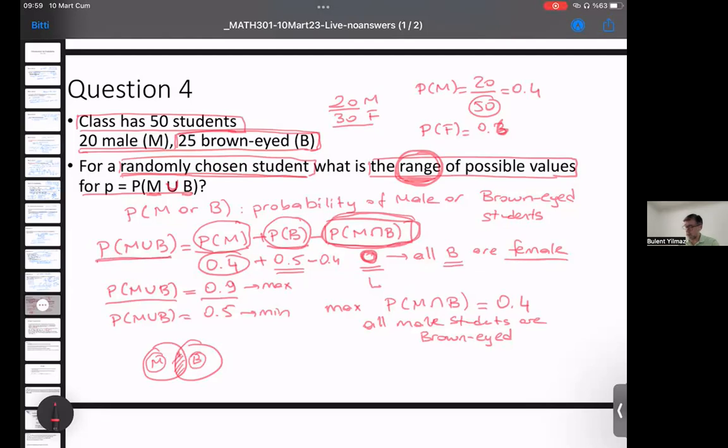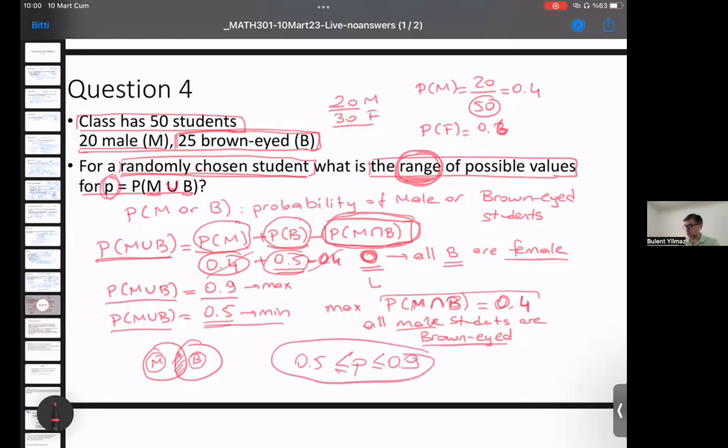The probability of male and brown-eyed can be 0.4, because if all the male students are brown-eyed, then the probability of obtaining male and brown-eyed will be 0.4. Then I'm going to say 0.4 plus 0.5 minus 0.4. These will cancel out, and I will have 0.5 as my minimum number. So the probability value given here will be something between 0.5 and 0.9.